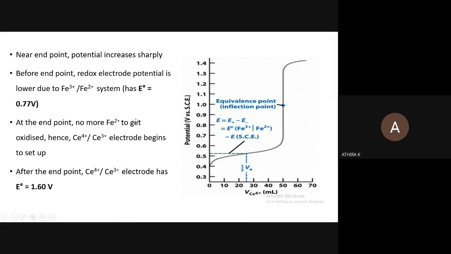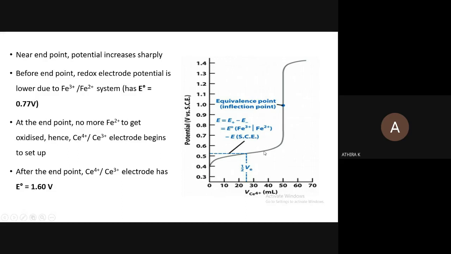What is the reason behind that sharp increase? Before the endpoint, the redox electrode potential is lower due to the Fe3 plus bar Fe2 plus system. This is the portion before the endpoint.